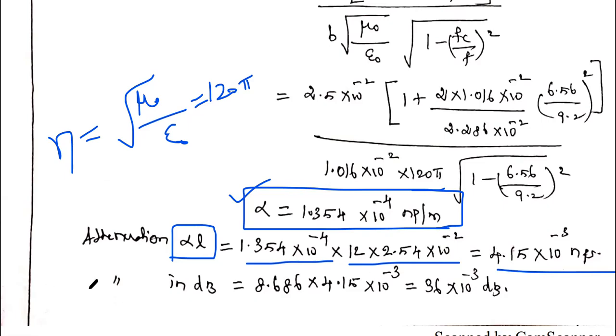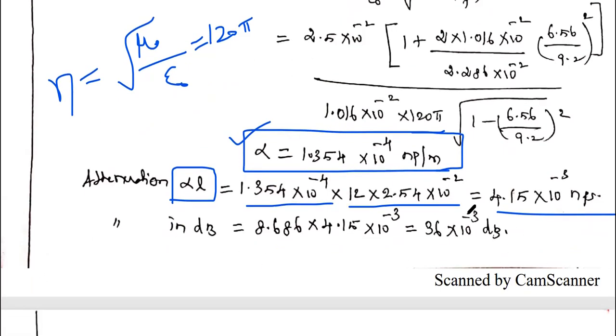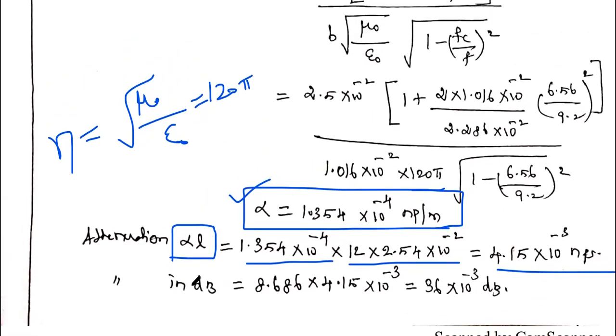Then we have to find the loss. Loss is nothing but attenuation in dB. This is attenuation in Nepers. You already know the formula to convert Nepers into dB. This is the loss in Nepers, just now calculated. If we want to convert the unit Nepers into decibel, you multiply this answer by 8.686.